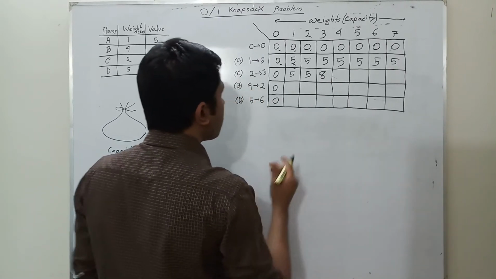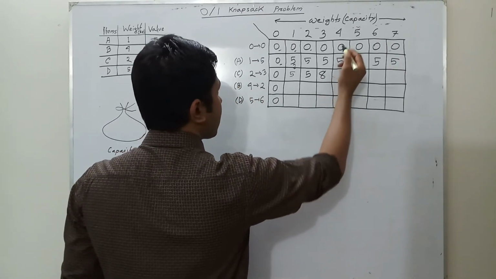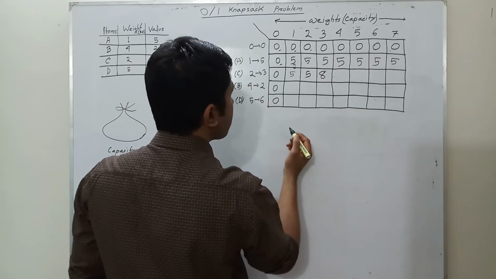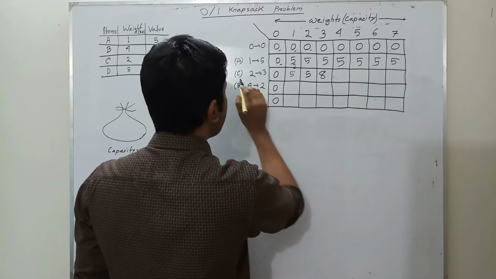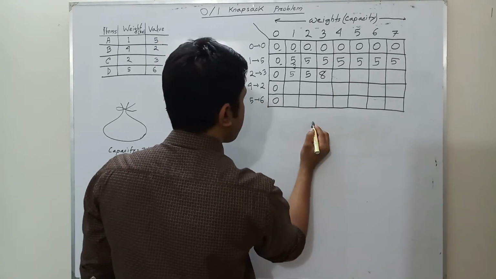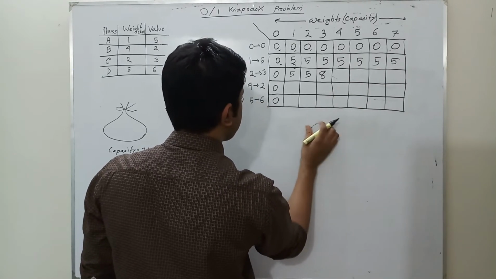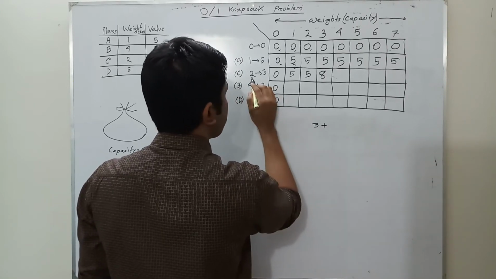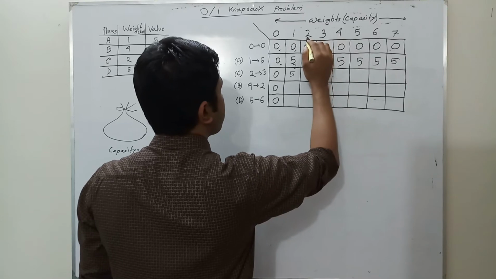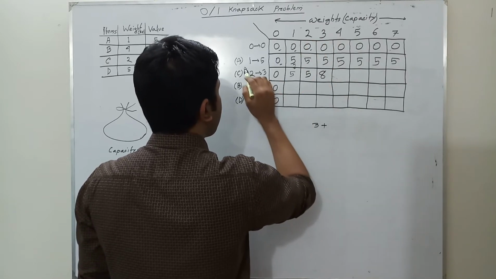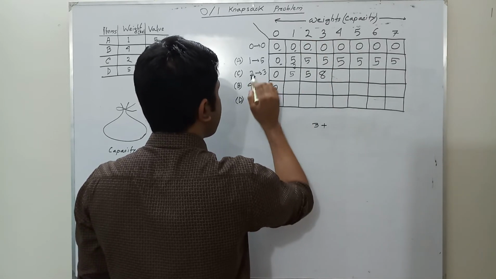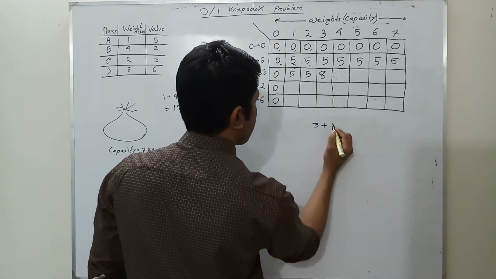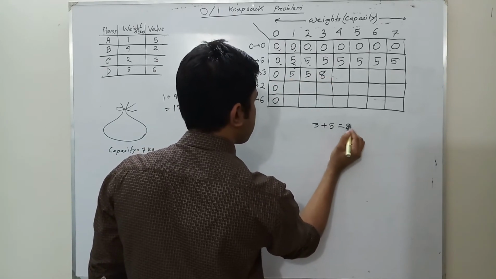Same for this field, when the capacity of the knapsack is 4 and I have these two items A and C, so the value will be, using the item C, 3 plus I have used two size, 4 minus 2, this will point 2, and as I used the item, so this will point here, 5 equal 8.